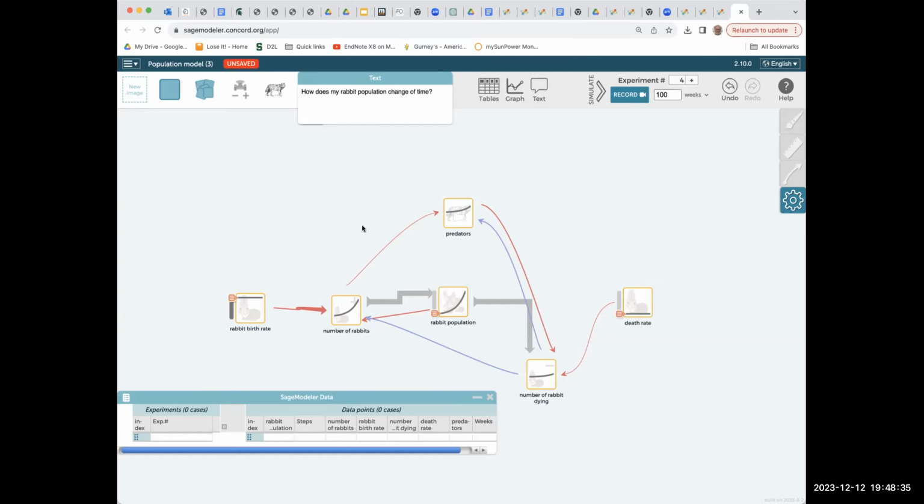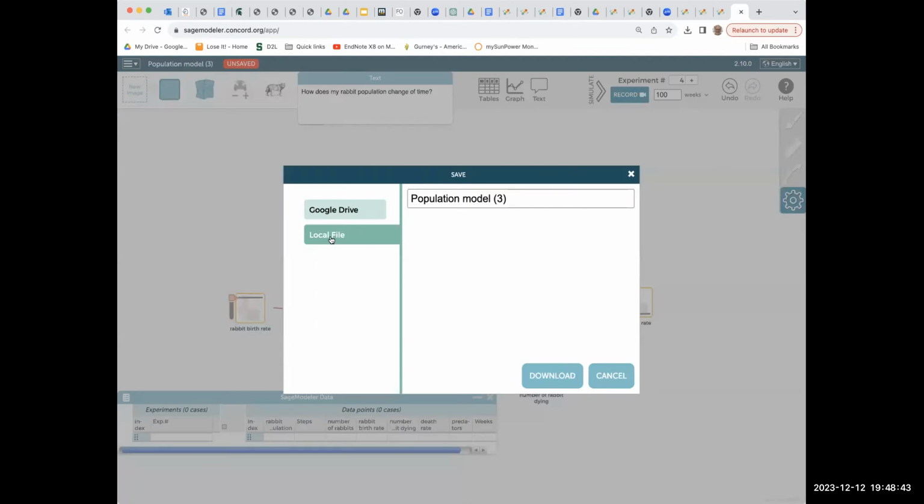Now, what I'm going to do is I'm going to actually save it. I'll save it locally. And I'm going to just change it now to predator prey model because I put a prey in there.